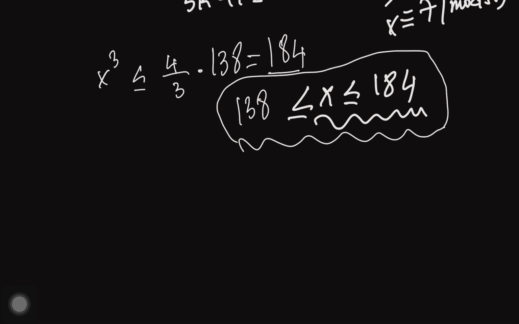It's pretty easy to look for an integer between 138 and 184 such that it's congruent to 7 mod 55. That integer is 172. So basically x equals 172.